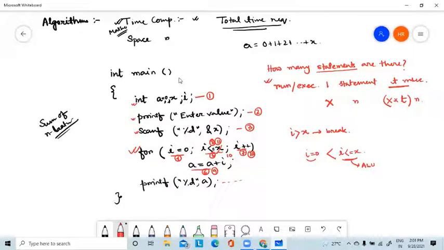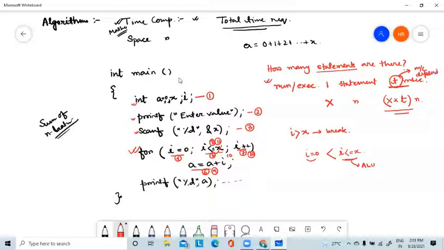Then we can easily calculate the total time required. Okay, but see, this is not the way through which we can represent the time complexity of an algorithm. Why? See, this t, the time required to execute a particular statement, is itself machine dependent.